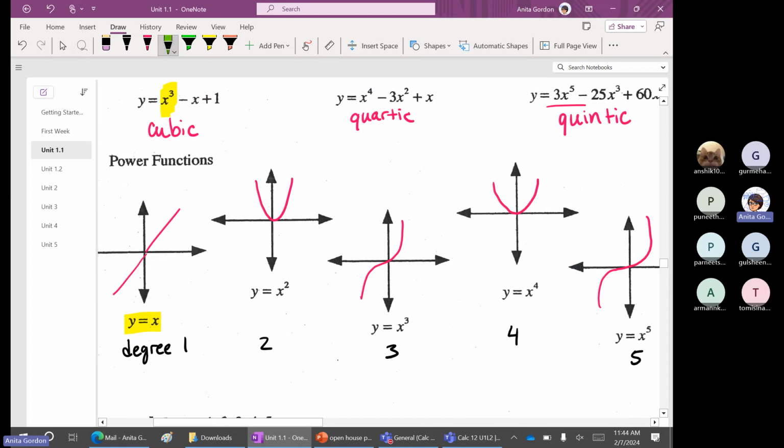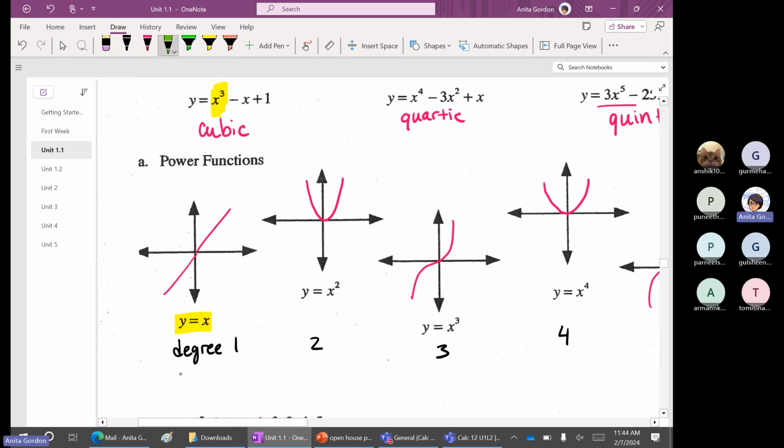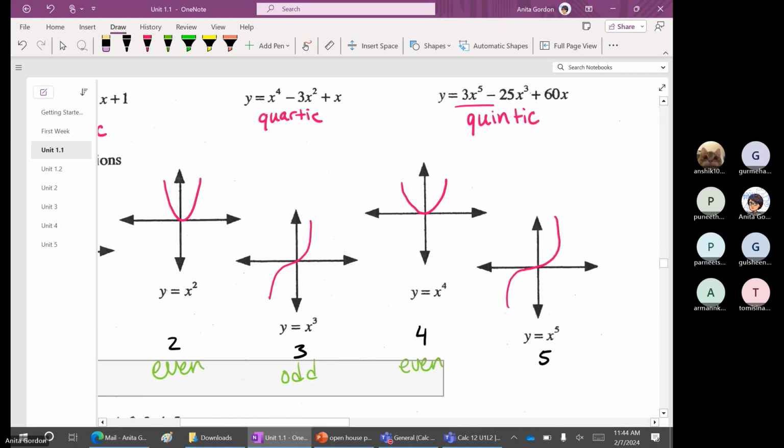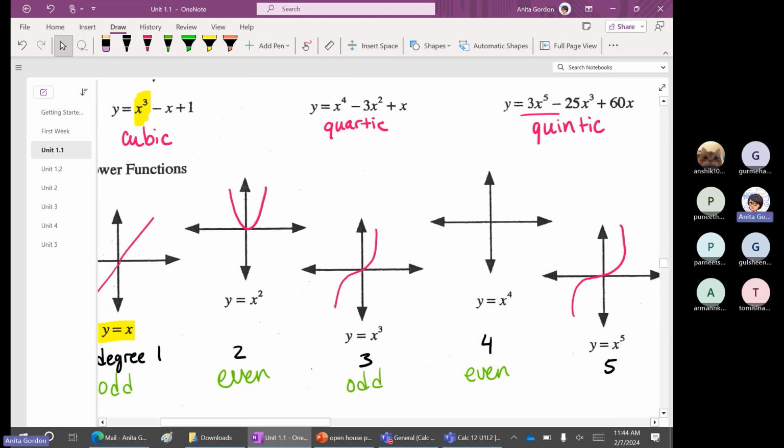So you can also see, when we talk about symmetry, degree 1 is odd. Yes, sir. Ooh, yes, you are. No, he's right. Oopsie. Let's erase. It would be skinnier.